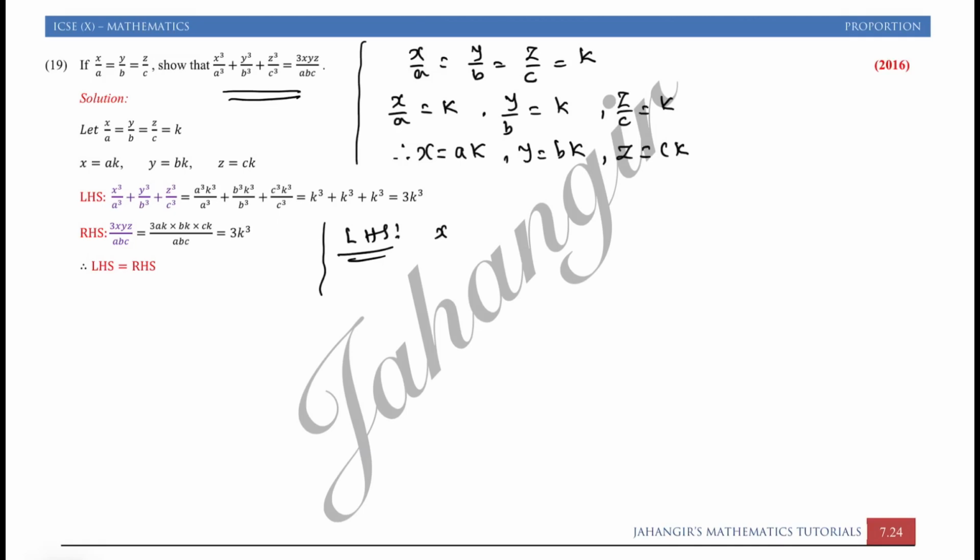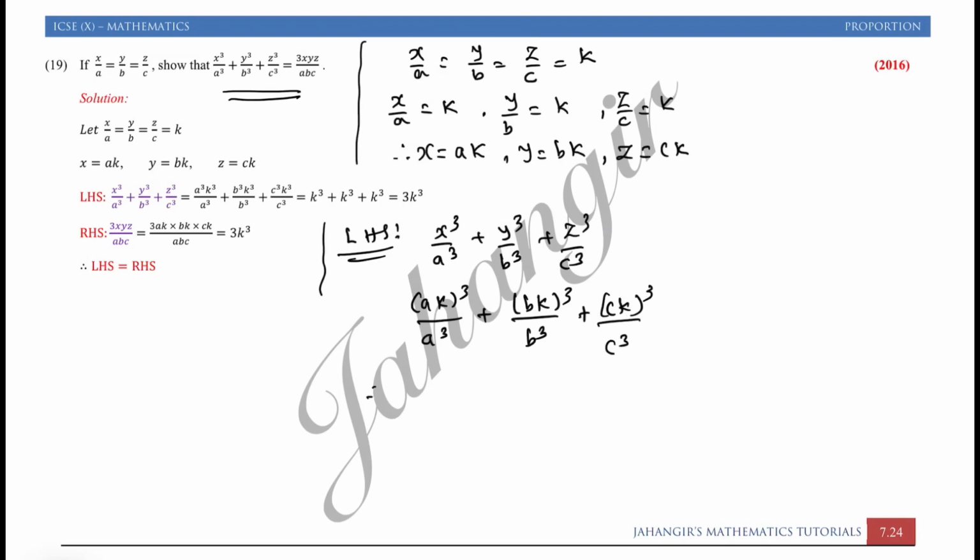LHS is x cube upon a cube plus y cube upon b cube plus z cube upon c cube. So x value is (ak) whole cube upon a cube plus (bk) whole cube upon b cube plus (ck) whole cube upon c cube.